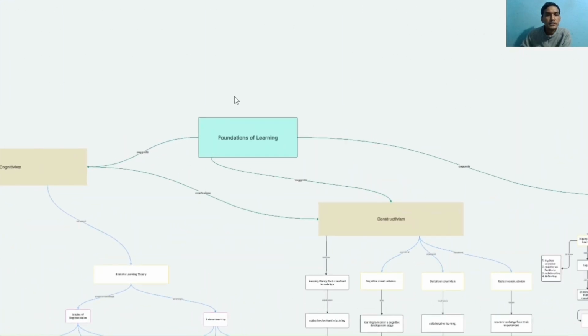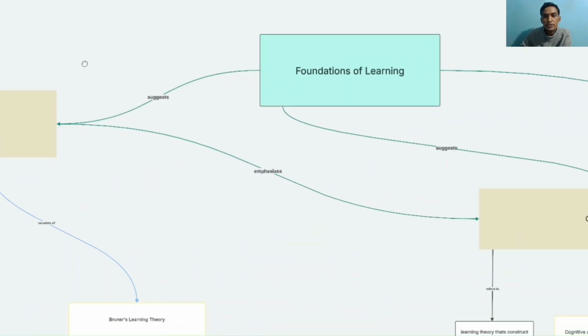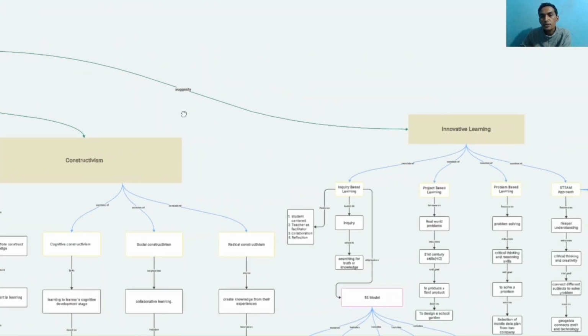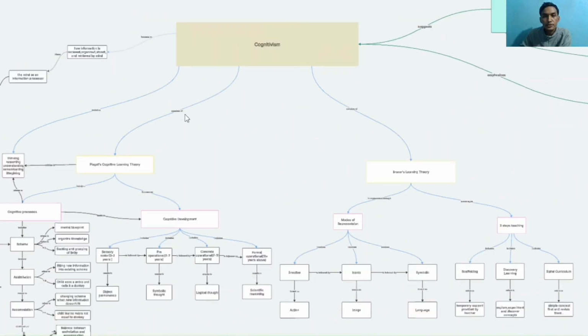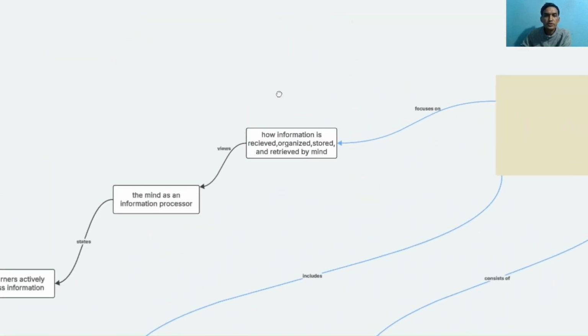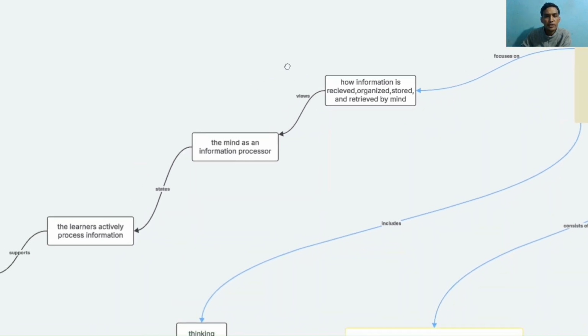So the foundation of learning consists of cognitivism, constructivism, and innovative learning. Cognitivism focuses on how information is received, organized, stored, and retrieved by the mind.